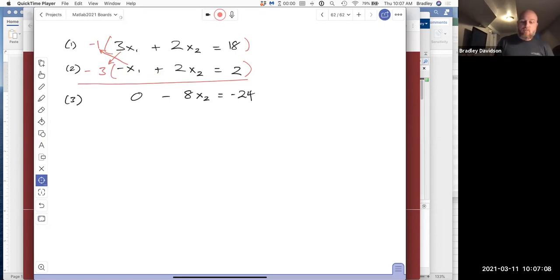And equation 2, because we're multiplying both sides by the same number, positive 3, doesn't change. And so equation 3, we say, is going to be a function of, let's do it this way.